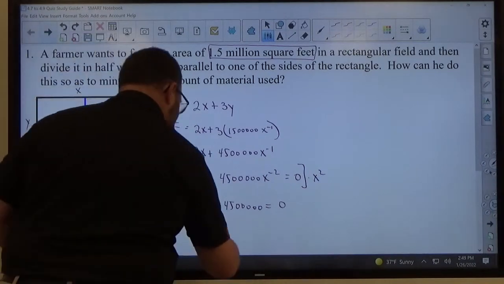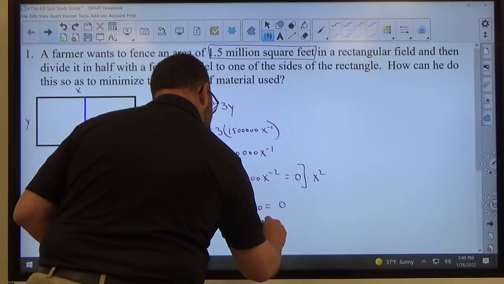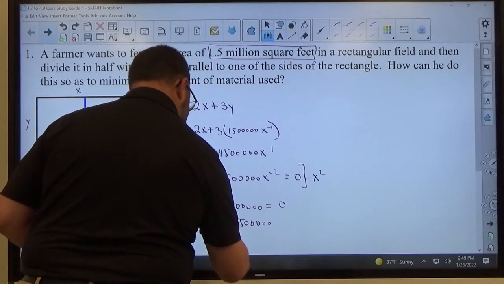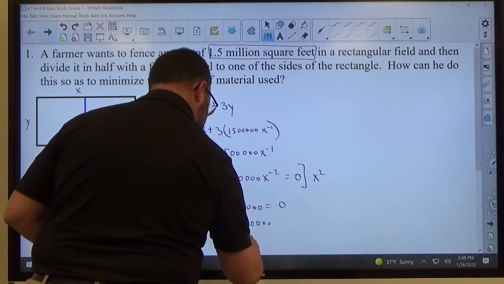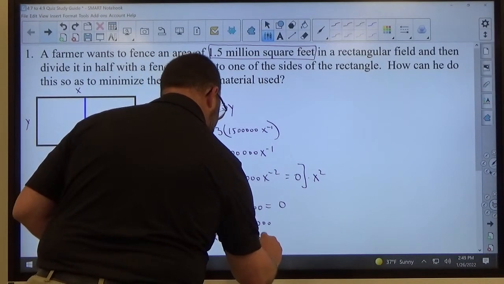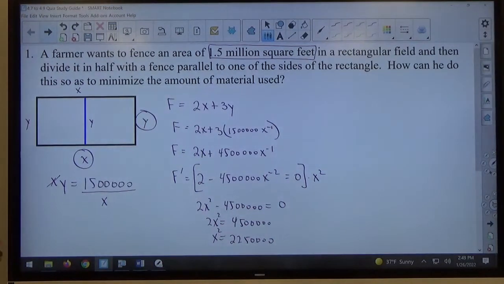So I know 2x squared equals 4,500,000, which means x squared equals 2,250,000, half of 4,500,000. So x will equal the square root of that number.